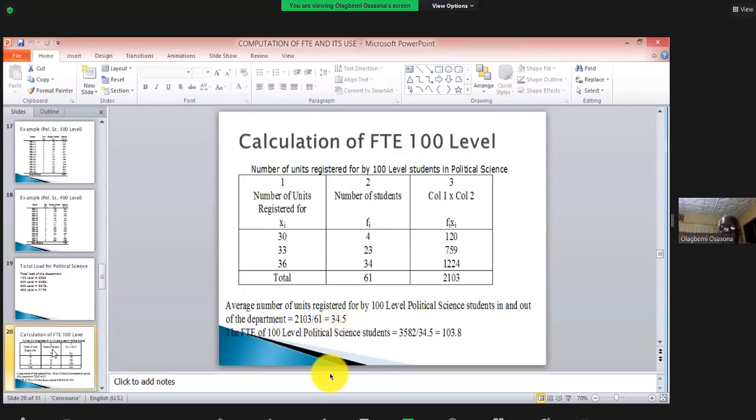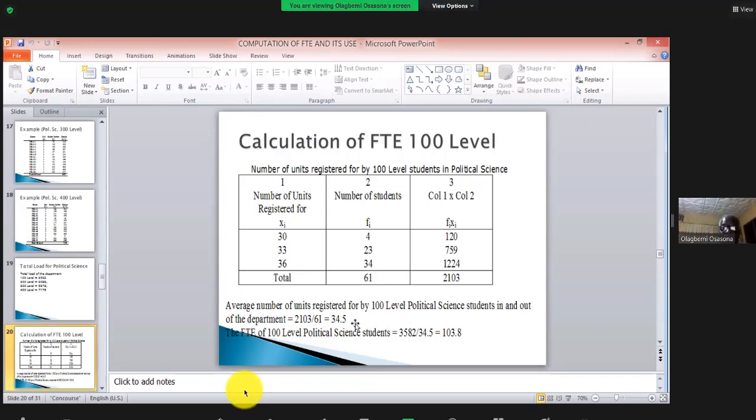How do we calculate the FTE now? For 100 level, if we have a total of 61 students in political science, and 4 of them registered for 30 units, 23 of them registered for 33 units, 34 of them registered for 36 units, then we can get the FTE of the 100 level for political science.